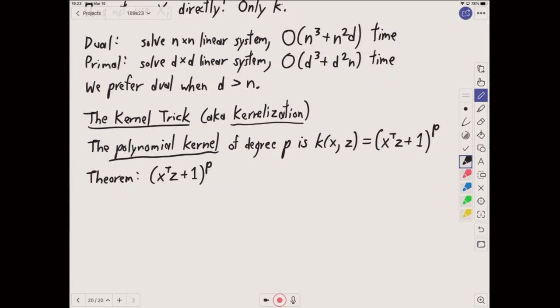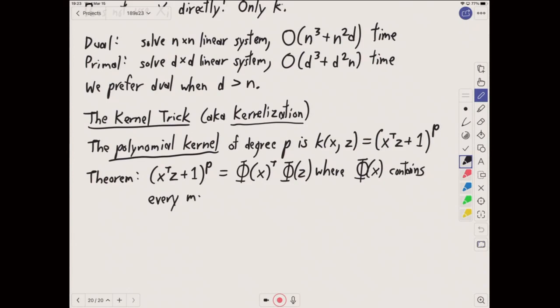This expression, x transpose z plus 1 to the power of p, is equal to a lifted vector x, inner product with a lifted vector z, where the lifting that we're doing, the lifting map, contains every monomial in x of all degrees from 0 up to p.